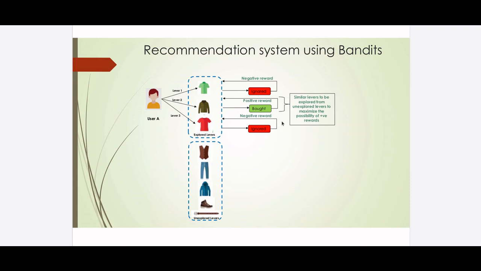Now let's look at this specific figure. Three products have been recommended. Two of them were ignored and one has been bought. The product which has been bought will have a positive reward, and the others will have a negative reward.